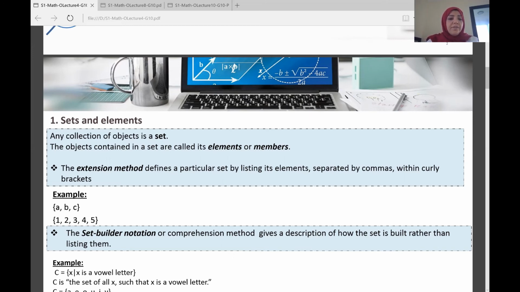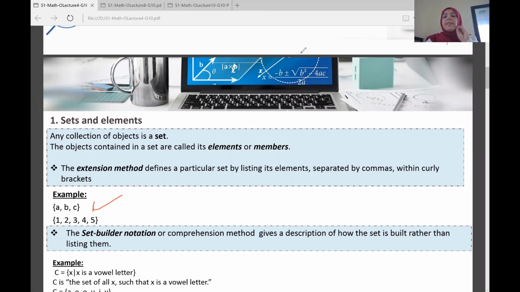If you look at the first example, the extension method is to list the elements. So if you look at the first method, this is a set. I'm listing the elements of this set.